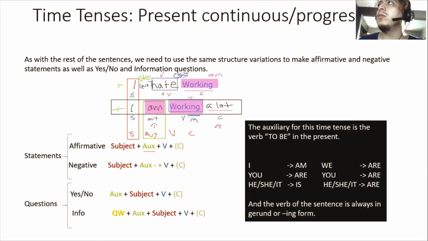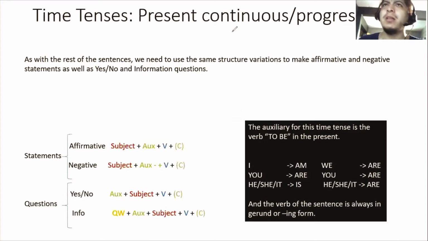Déjenme borrar esto y tratar de volver a dibujarlo un poquito más claro con un ejemplo que tal vez funcione mejor, ¿ok? Voy a tratar de hacerlo un poquito más limpio. Vamos a hacerlo con puro texto. Entonces podemos decir, si vamos a hacer una oración afirmativa, son oraciones afirmativas, ¿ok?